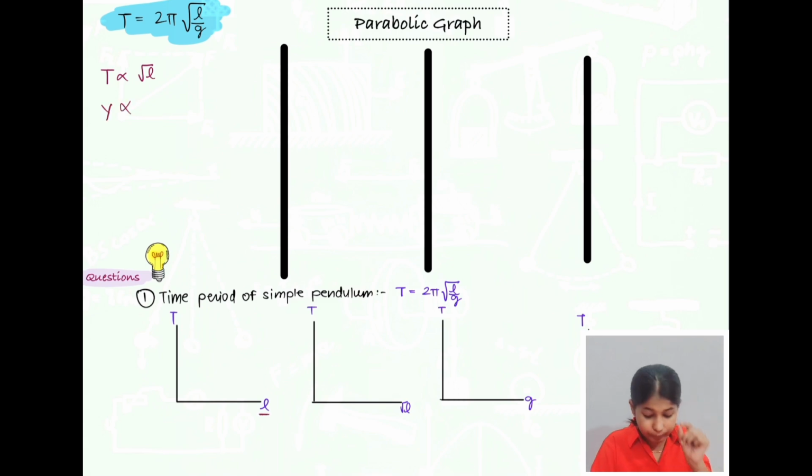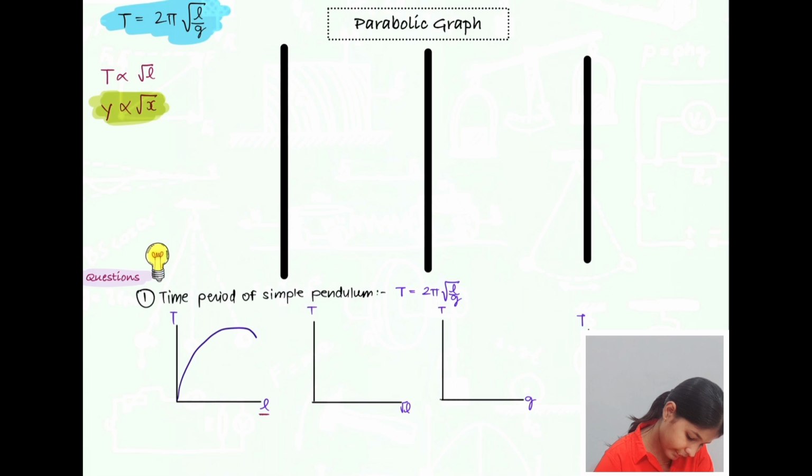In the x-axis, here you can see it is only considering L, not under root L. So I will put x in place of L. So can I write y is directly proportional to under root x? So what kind of criteria is it, and which type of graph does it show? Simply this type of graph it shows. Yes. Okay. Let's come to our second part.